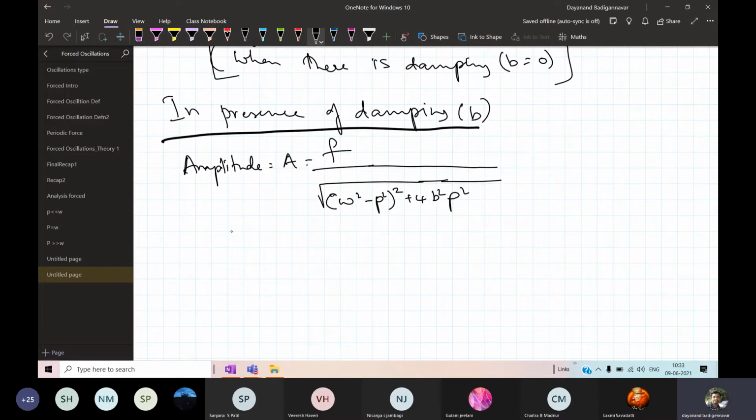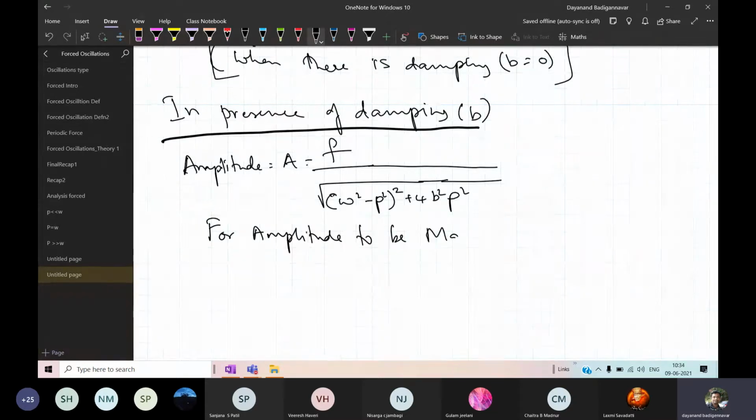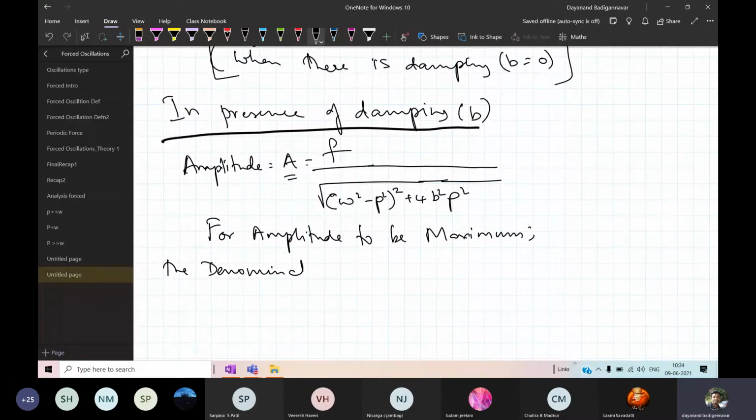Now here, for amplitude A to be maximum, the denominator should be minimum.